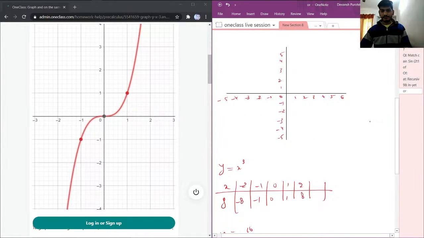So suppose if we have a graph paper, then these curves are going to look much better and more accurate. Minus 2, minus 8, so 2, and we have 8, 6, 7.